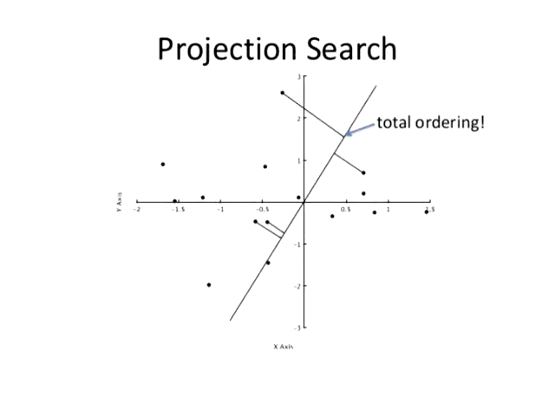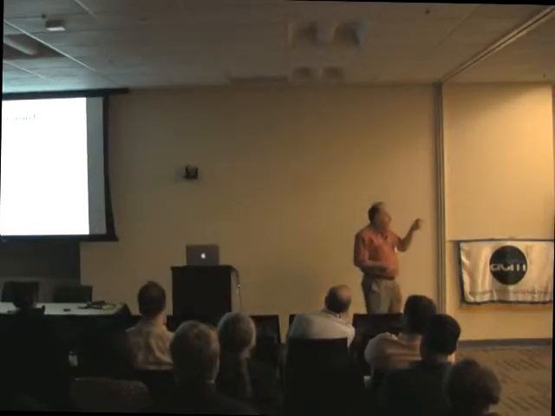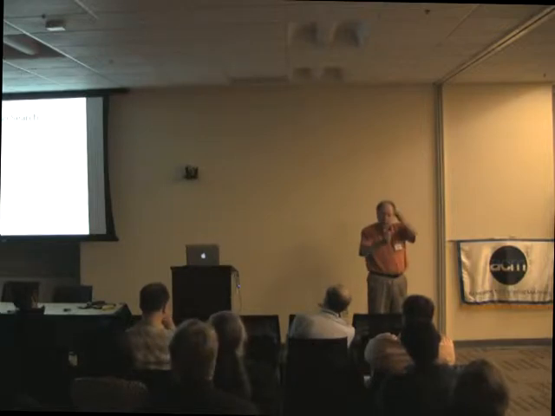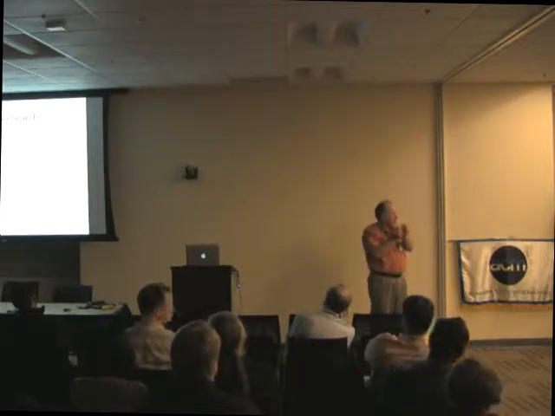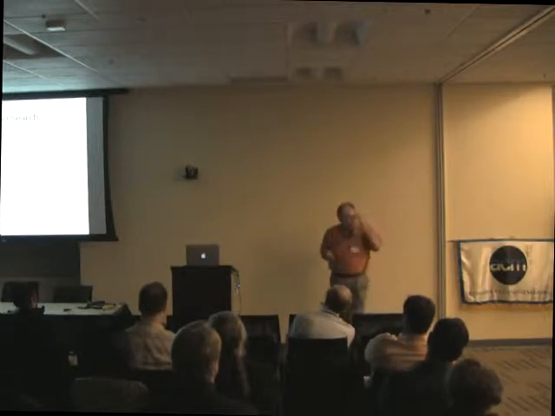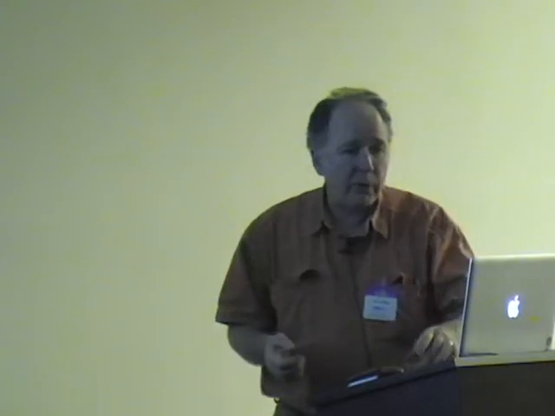So here's the first search algorithm that could be used. And that is just project the original data onto that diagonal line. Things that are close together originally will be close together in the projection. And you will have some false positives of things that were far apart that appear to be close together in the projection. And if you project a few different times, you have a very good chance of finding the actually closest thing.